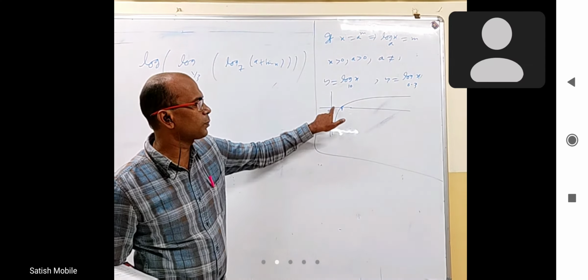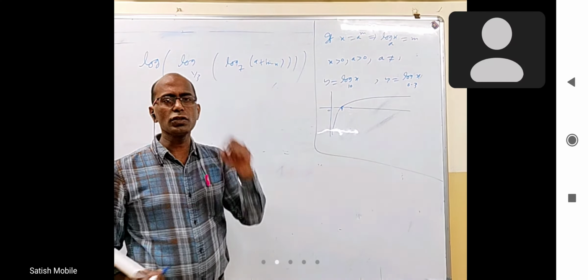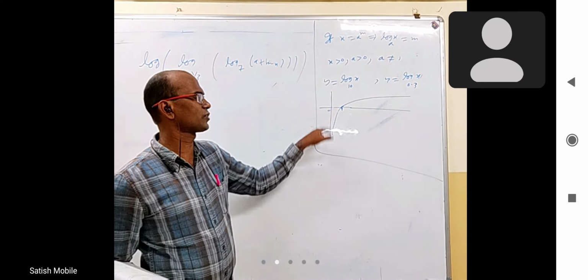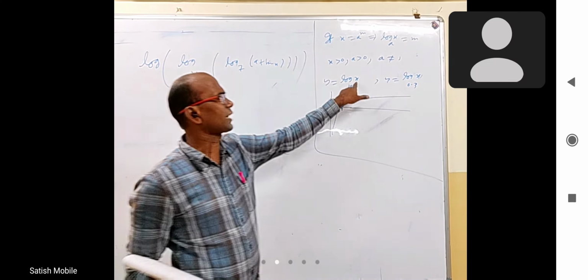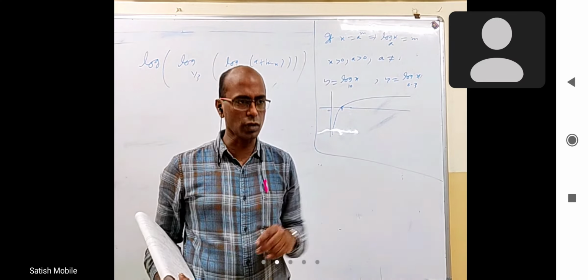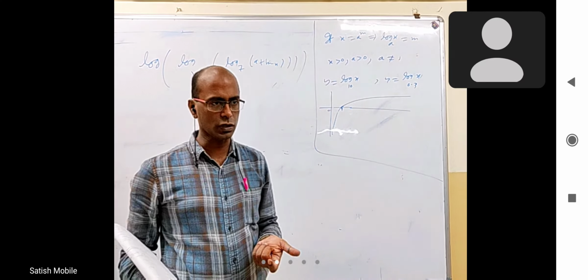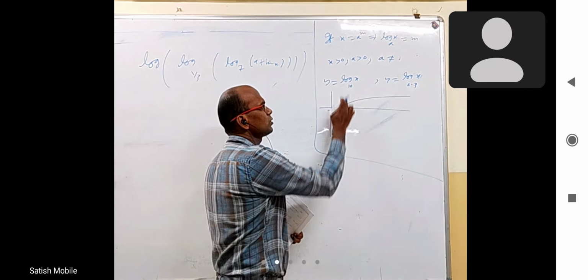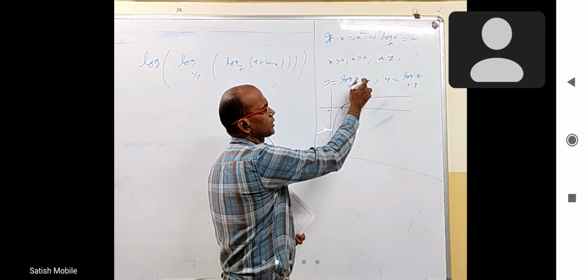So at 0.01 it will be minus 2. At 0.001 it will be minus 3, then minus 4, minus 5, like that. If I take x as 0 point some 100 zeros and 1, it is like 10 power minus 101. So the answer will be minus 101. Okay, so between 0 to 1 it is negative, after 1 it is positive, and at 1 it is 0.